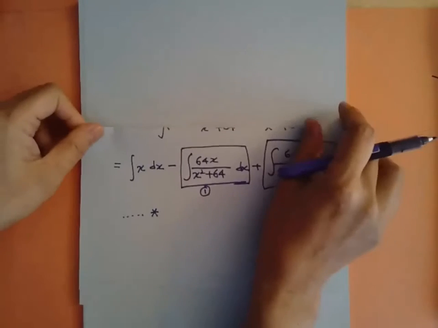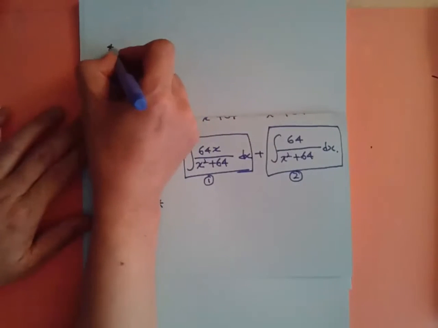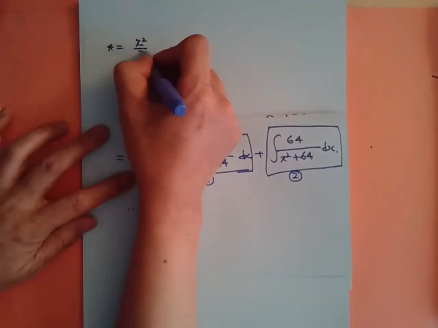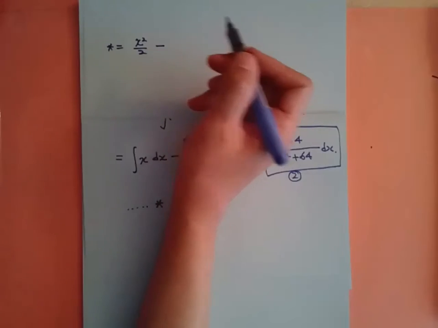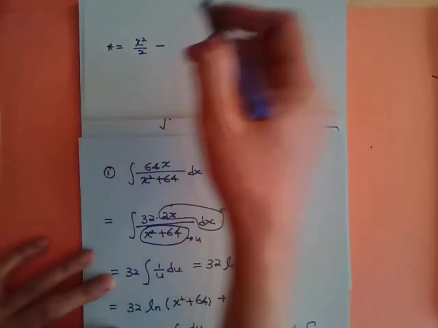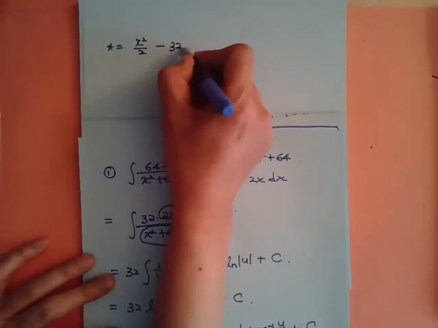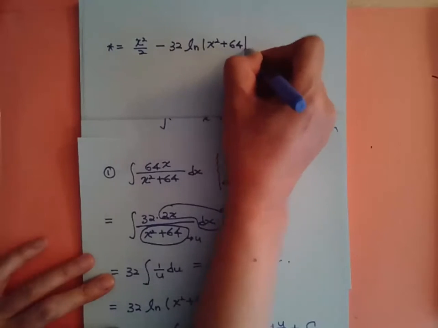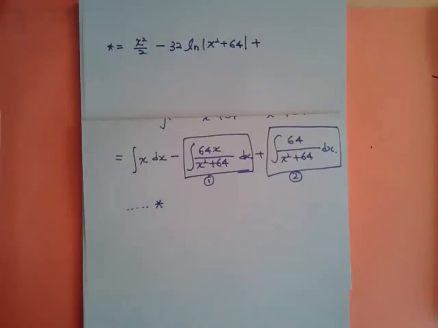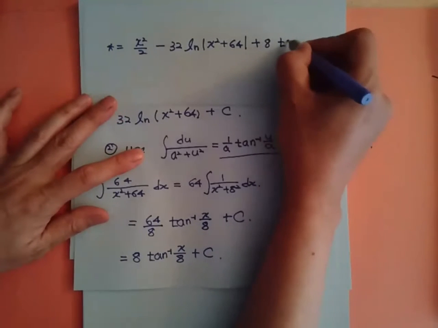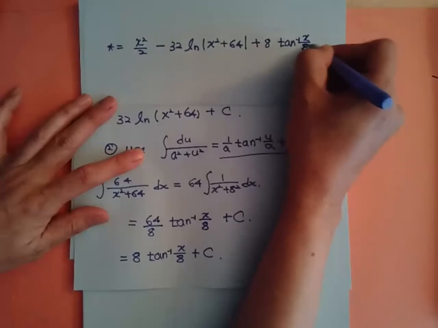So we will combine all of those. The first integration was x squared over 2, minus the next one, which was 32 natural log of the absolute value of x squared plus 64, plus the next one, which was 8 times tangent inverse of x over 8, plus c.